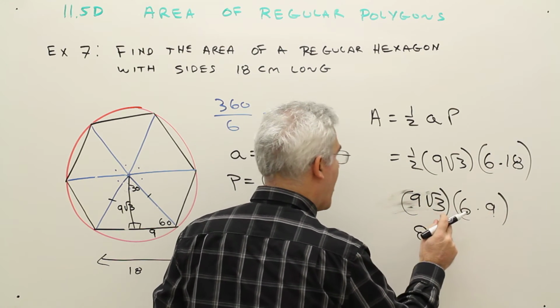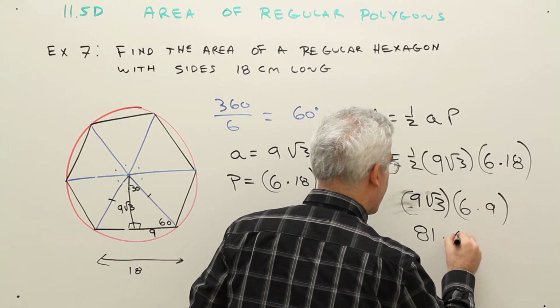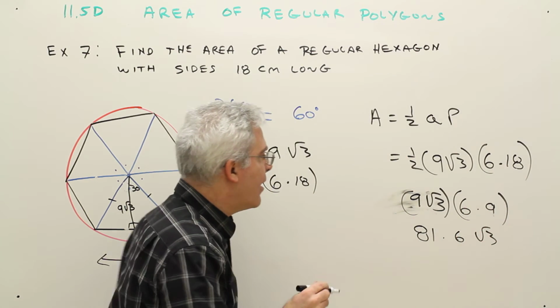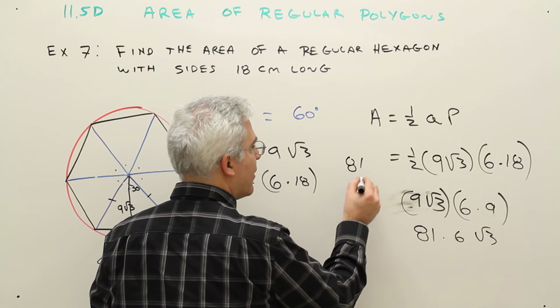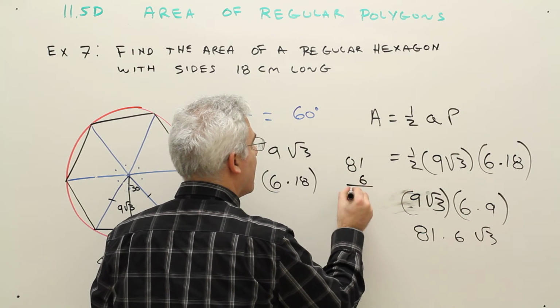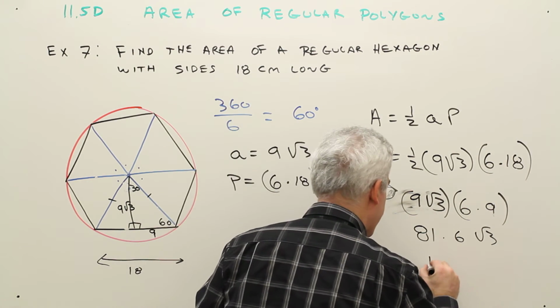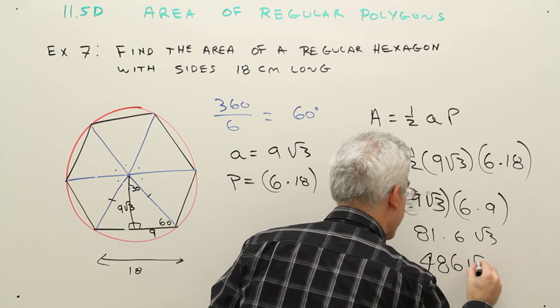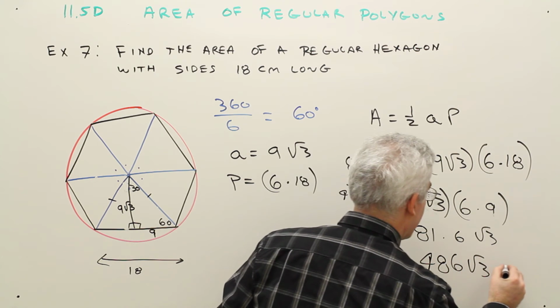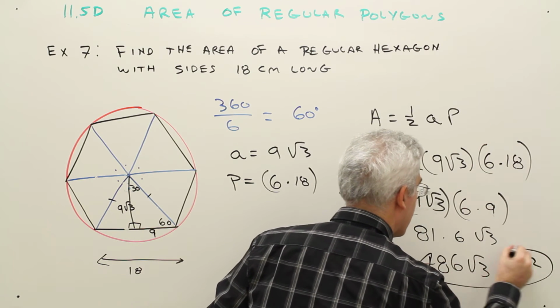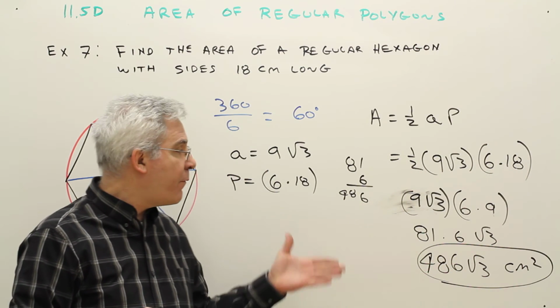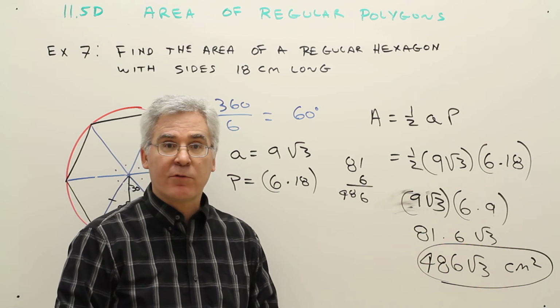So it's going to be 81 times 6 rad 3. And then for 81 times 6, I get 486. And this would be centimeters squared. So my final answer is 486 rad 3 centimeters squared.